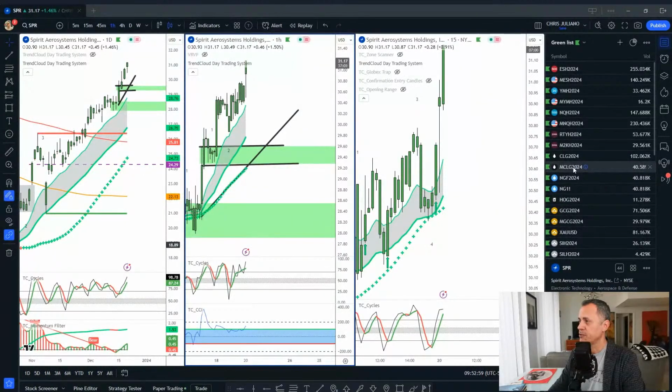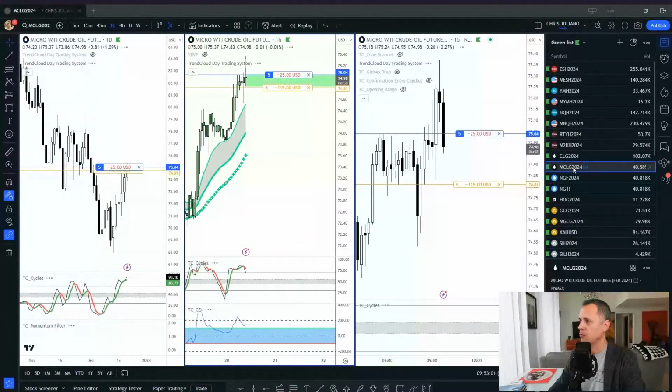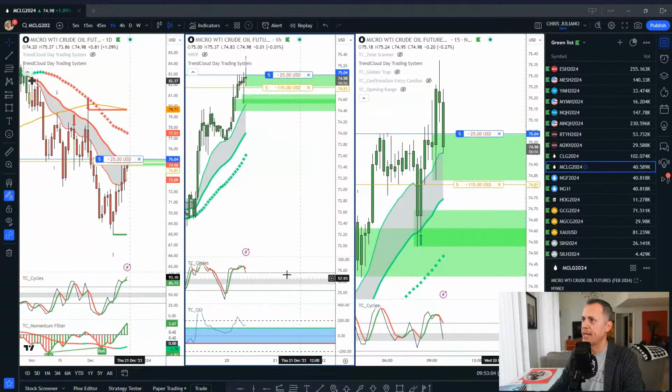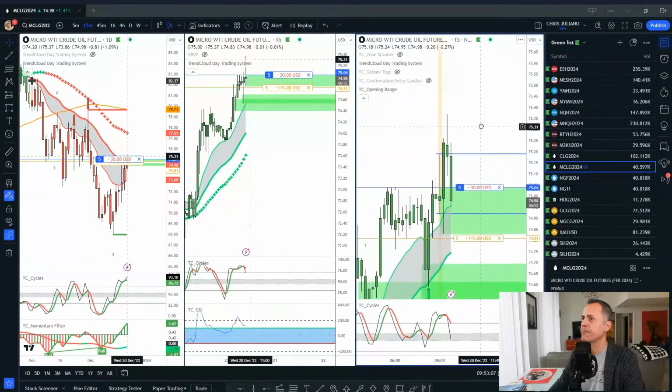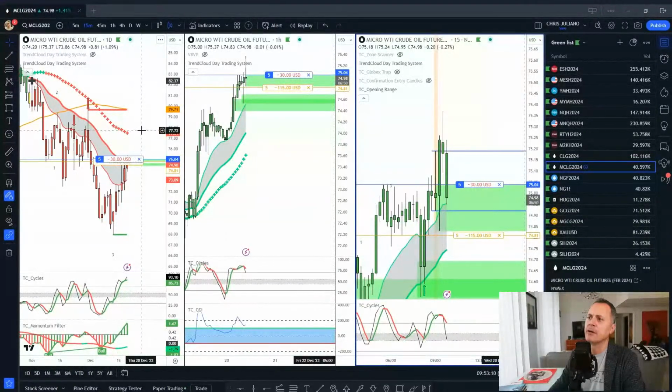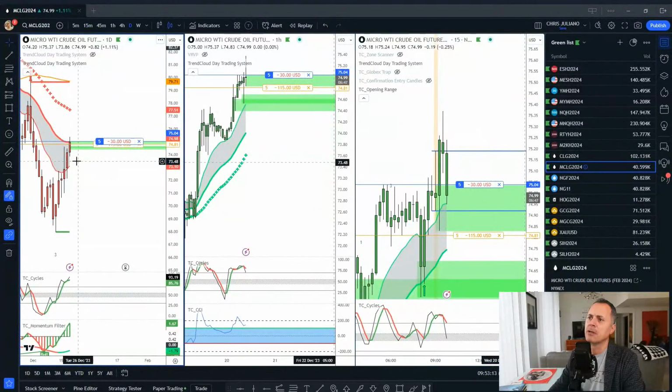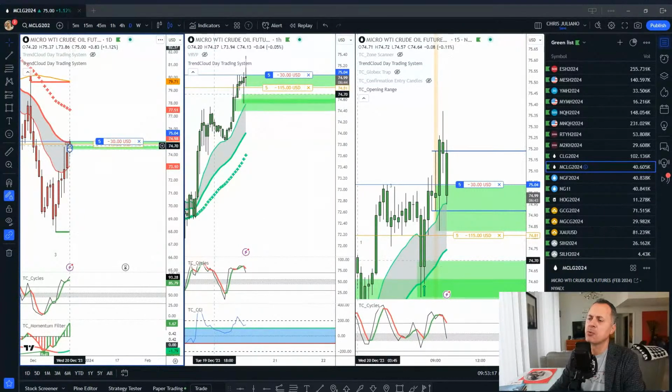All right, let's get over to crude oil. Pulling back. Let's put the opening range back on there. And so we didn't quite break above that. We did break above the 200 simple.